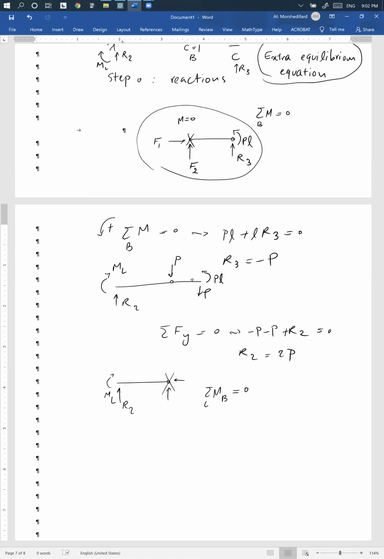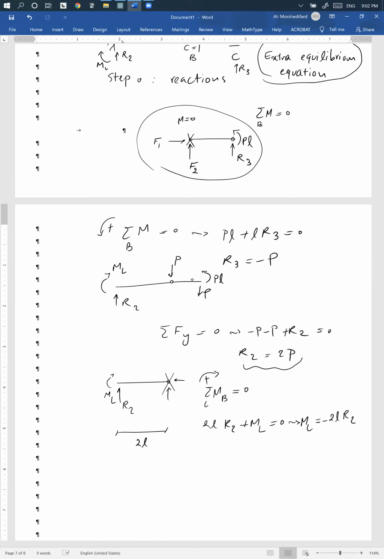So I get positive, let's take this one now, 2L R2, this length is 2L. 2L R2 plus ML should be 0, right? So ML is negative 2L R2.